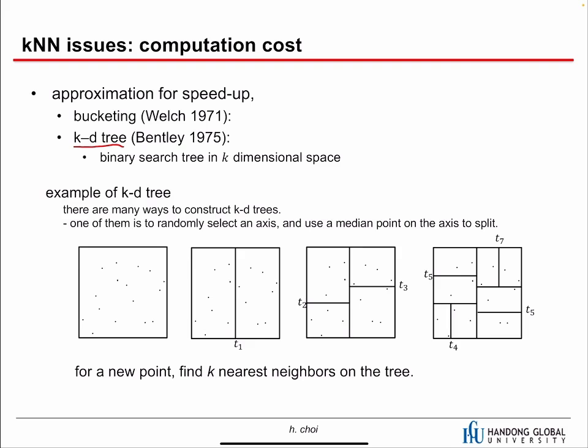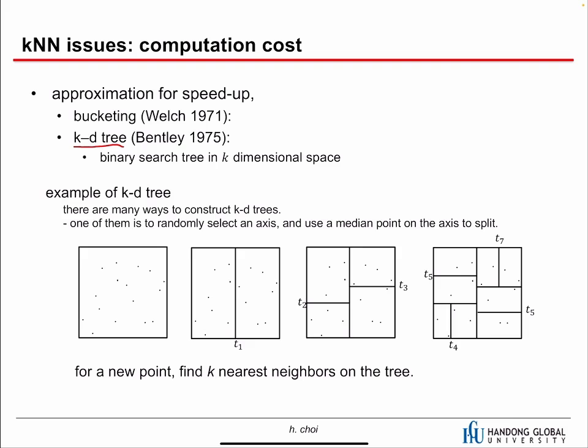We have an example of a KD tree. There are many ways to construct KD trees, but one of them is to randomly select an axis and use the median point on that axis to split. So we have lots of samples. Let's assume that these samples are too many.